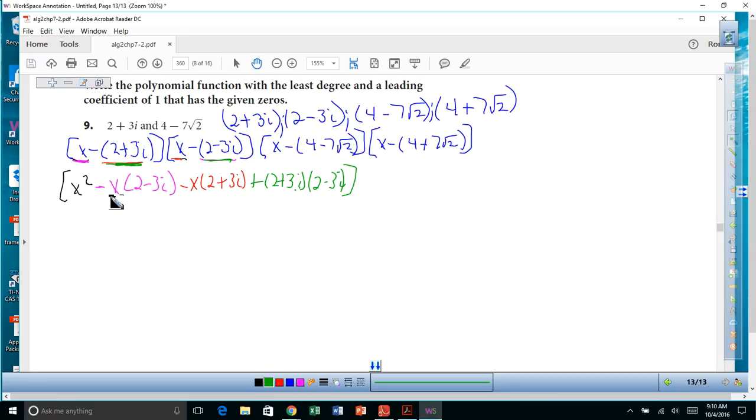So what do we got here? I like to go ahead and do the arithmetic. That's going to give you x squared, then minus 2x, and then plus 3ix, and then minus 2x, and then minus 3ix.